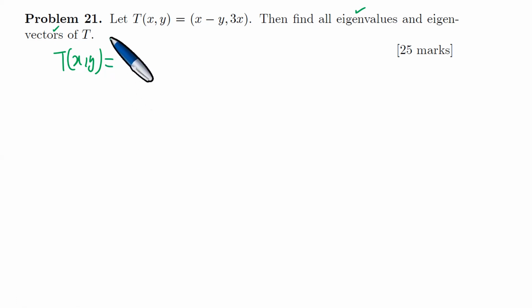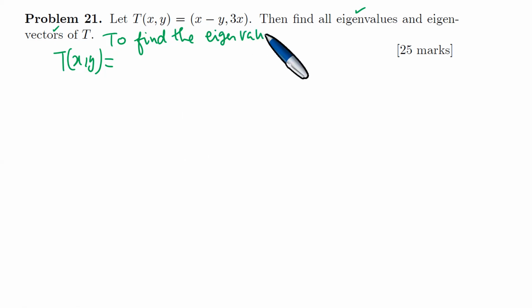First, we'll find the eigenvalues and the eigenvectors. How do we go about finding the eigenvalues of T? We find lambda times (x, y).